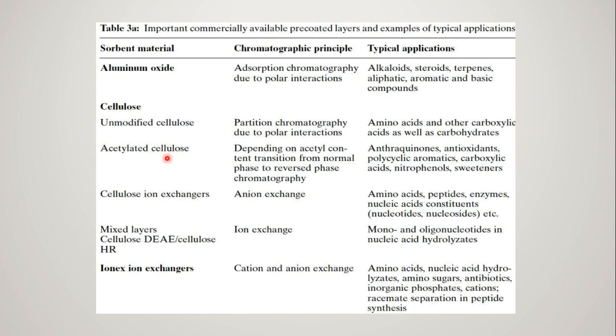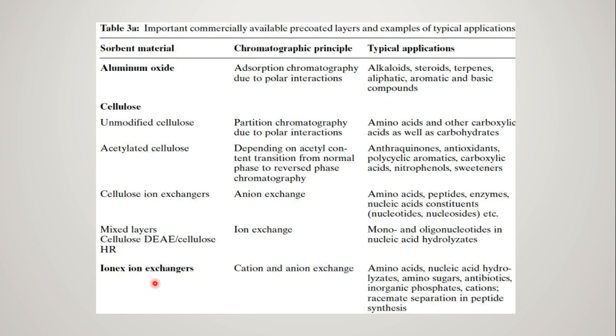Then acylated cellulose, which is somewhat hydrophobic or lipophilic, can separate very less polar substances. Now cellulose exchangers, where ion exchange takes place, can separate amino acids, peptides, enzymes and nucleic acids.